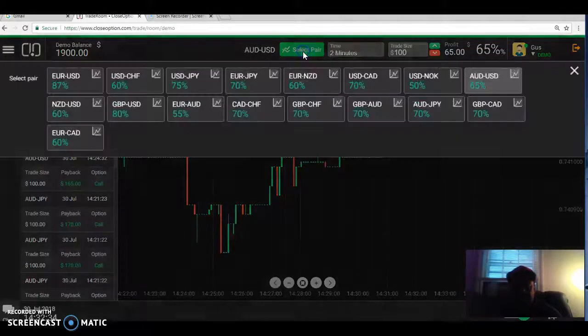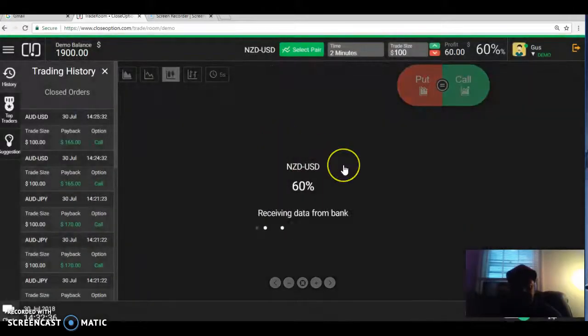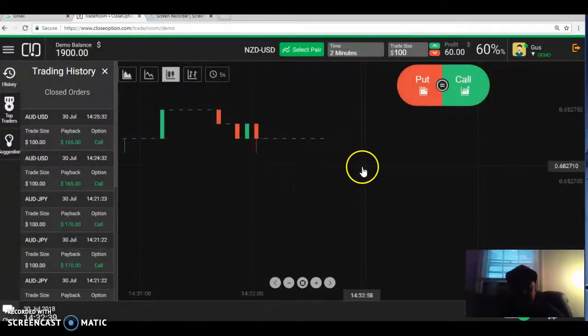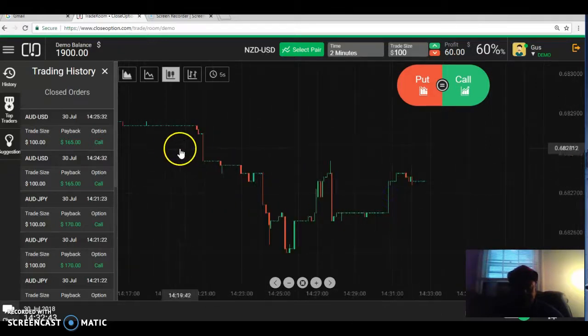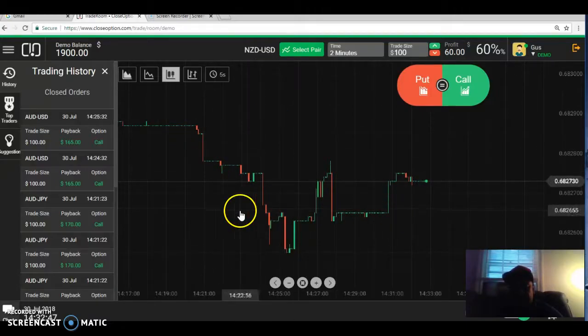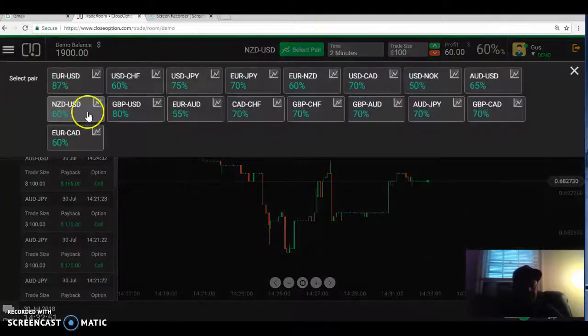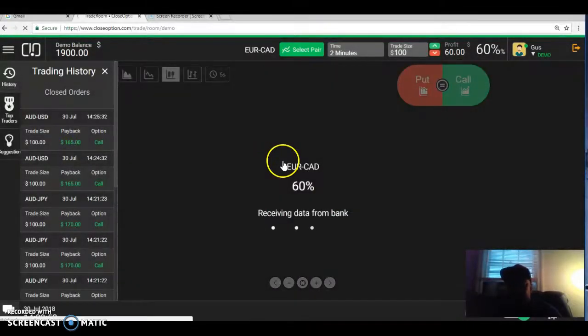So let's go check out a different currency pair and see if we can identify a trade. Okay, basically here we're looking at New Zealand dollar, US dollar, and it's not really doing much. It's going sideways, up and down. That's not really the kind of setup I'm looking for.